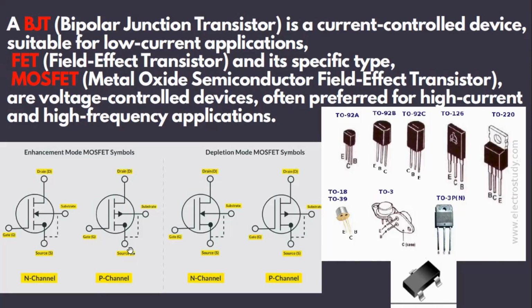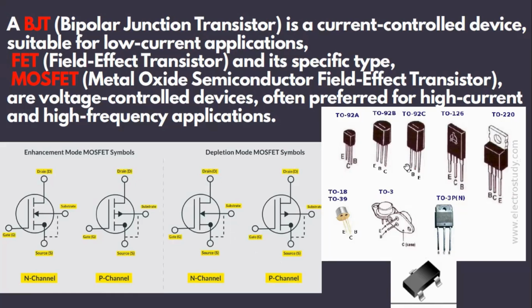But here, in place of base it is gate, in place of collector it is drain, and in place of emitter it is source. Don't get confused: gate, drain, and source belong to a MOSFET, not a BJT. Like PNP and NPN, there are two types here, N-channel and P-channel. These are the symbols we should understand.